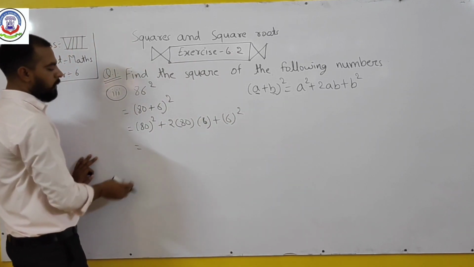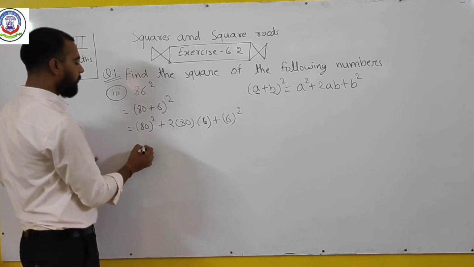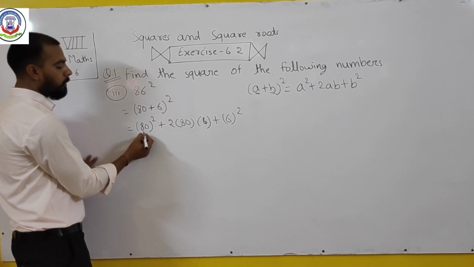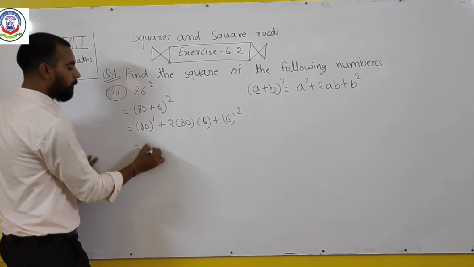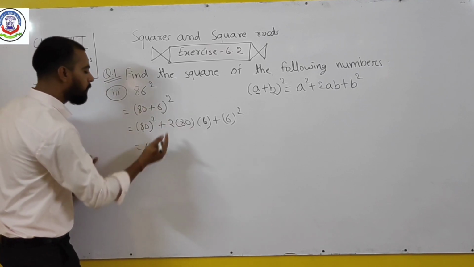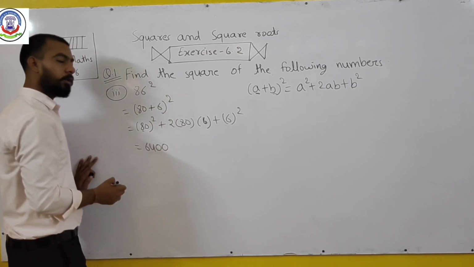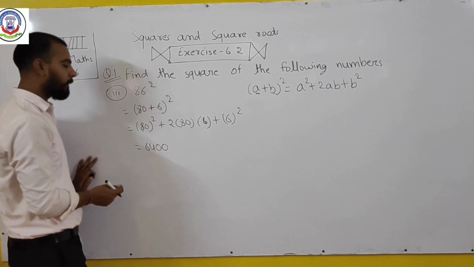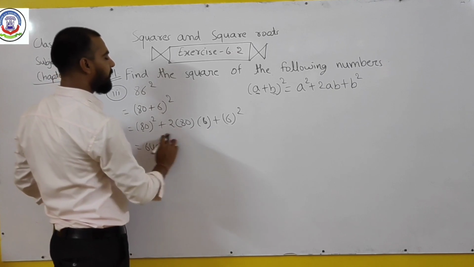Now the square of 80 will be: the square of 8 is 64, and there is one 0 in this question, so our answer will have 2 zeros. Plus multiply these numbers.